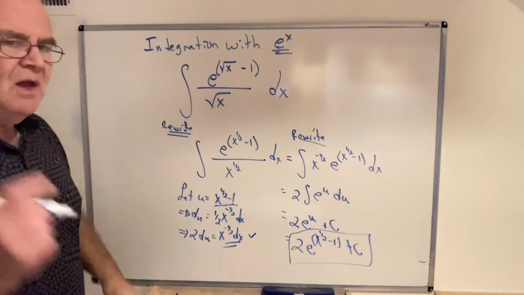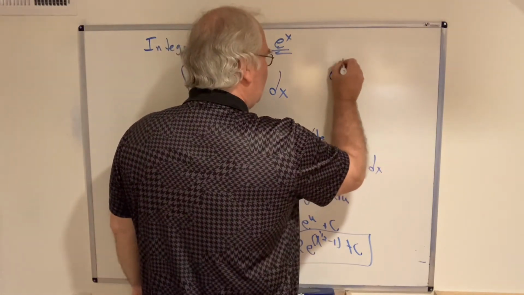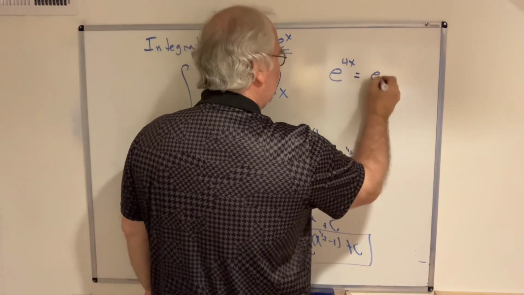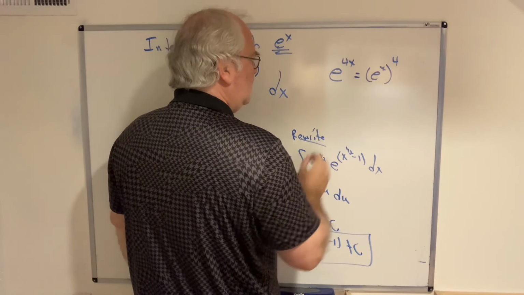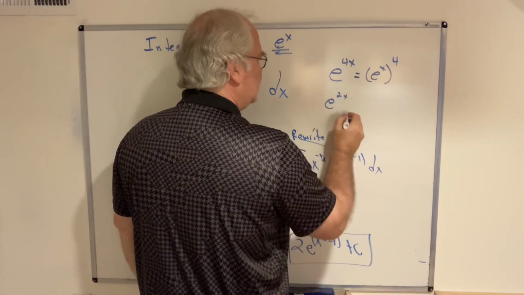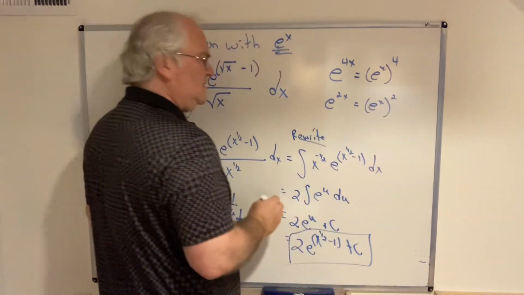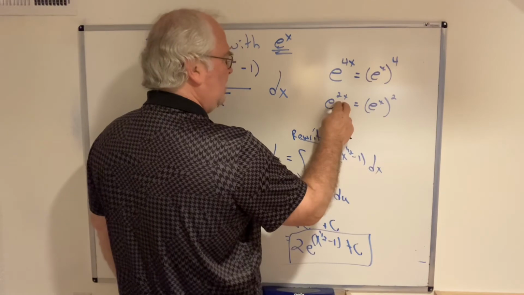One thing to bear in mind, and I'll just leave with this, if you have e to the 4x, that is the same thing as e to the x to the 4th. If I have e to the 2x, that's the same thing as e to the x squared, because that's just the properties of exponents. When you raise a power to a power, you multiply.